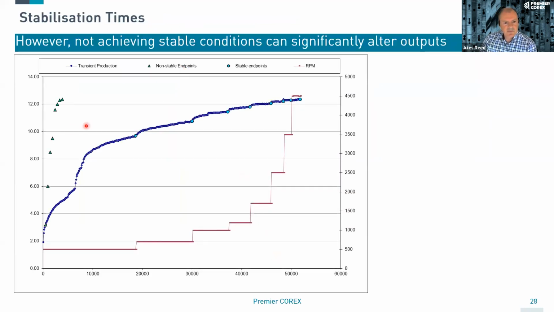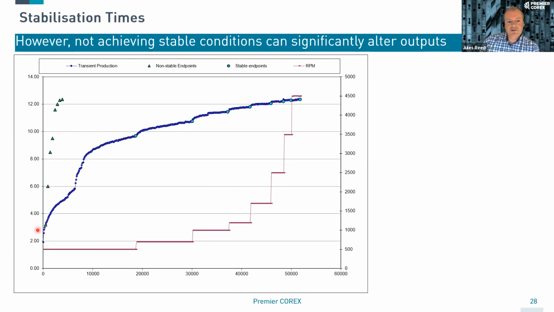So with stabilization criteria, this is a curve of capillary pressure. This is a process of approaching residual saturations.